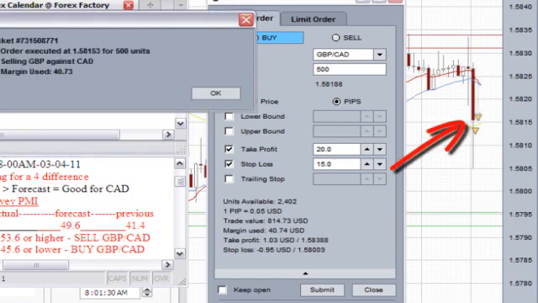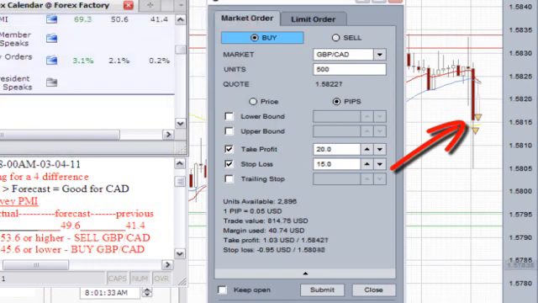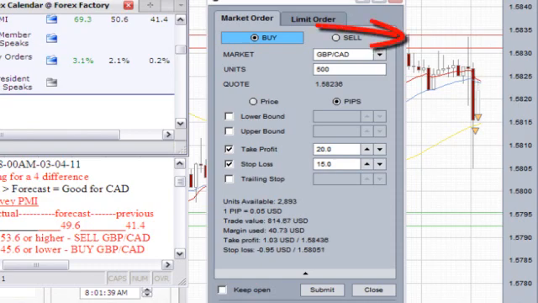And now, I have entered my second trade. There are my stop loss lines.